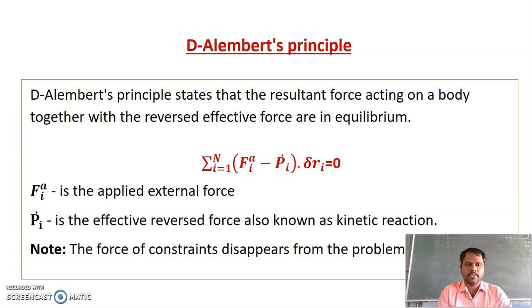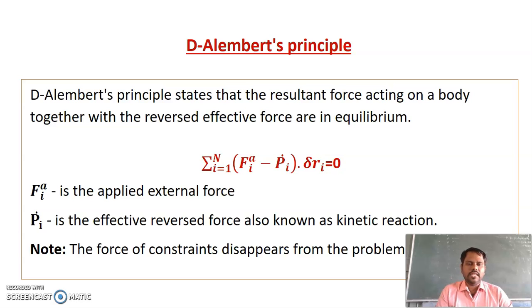Rearranging terms, it becomes Fi minus Pi dot is equal to 0, which means the force acting on the ith particle of a system minus the reversed effective force will be equal to 0. We know that the force acting on the ith particle of a system is equal to the applied force plus the force of constraints.